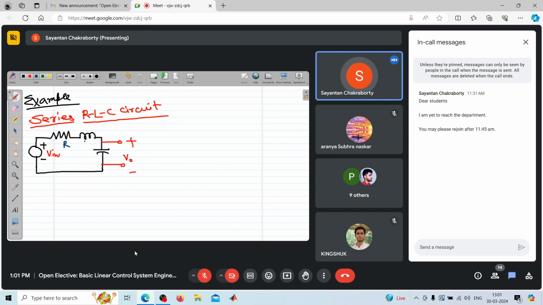Obviously, these elements are R, L, and C. And we've already found out that this G(s), that is your Vo(s) by Vin(s), is 1 by LC over s square plus R by L s plus 1 by LC, that is, of the form omega n square over s square plus 2 zeta omega n s plus omega n square.